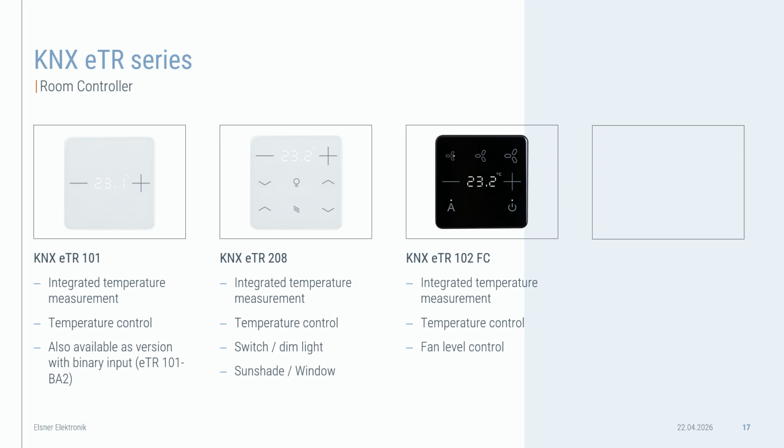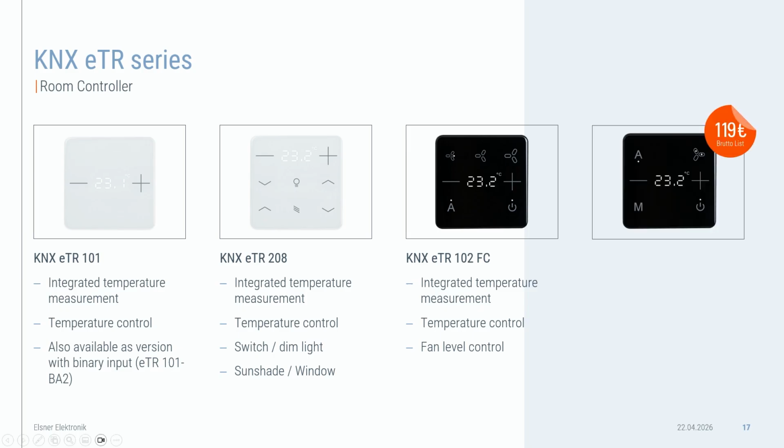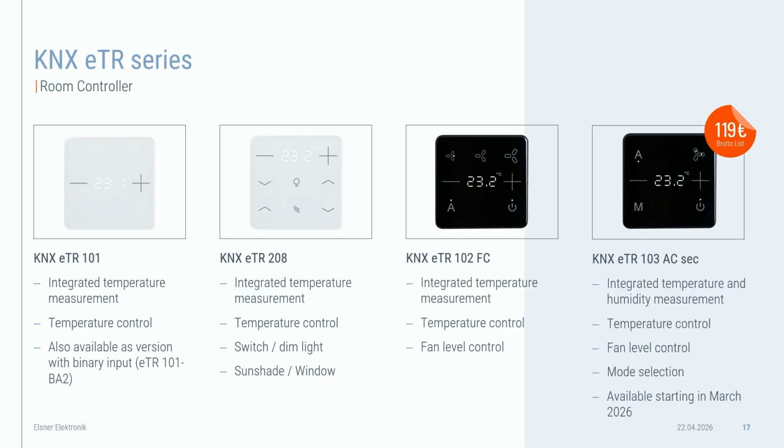The FC is for fan coil use, and the AC is for air conditioning. The special thing on the AC unit is that we have an integrated temperature and humidity sensor inside. The price of the ETR 103 is very attractive. The device comes with KNX Secure, and the list price, gross, is 119 euros. That is also very low for this good product.